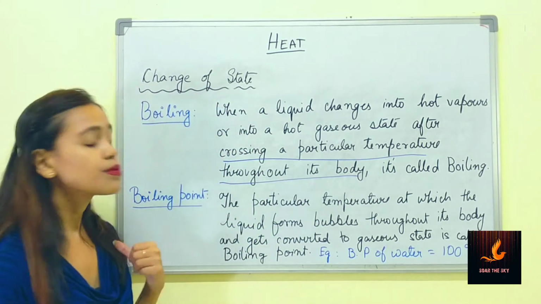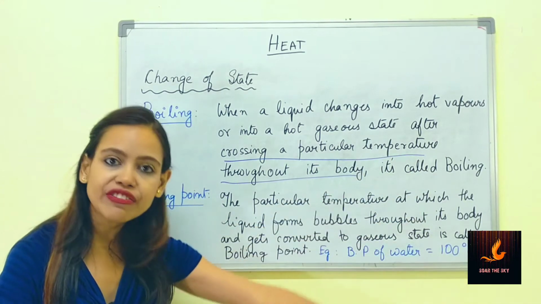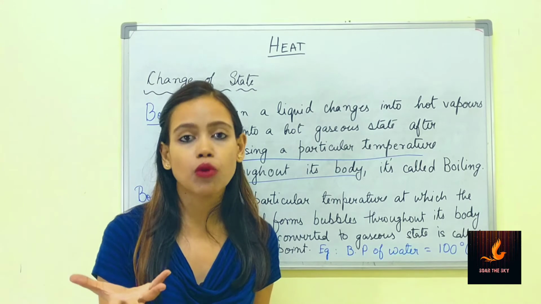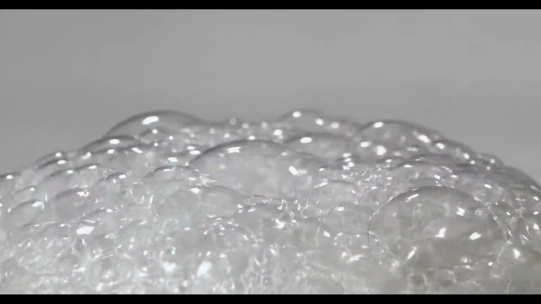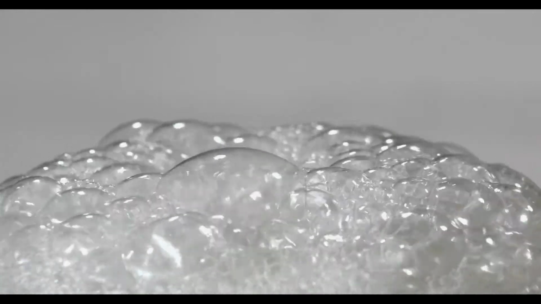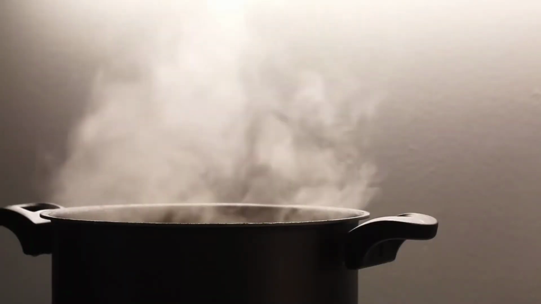Now obviously, what is that temperature? That temperature is the boiling point. That is the particular temperature at which the liquid forms bubbles throughout. If you boil water, you can see the bubbles are formed throughout the body of the water. So throughout the body of the liquid, bubbles are formed and it gets converted into a gaseous state.